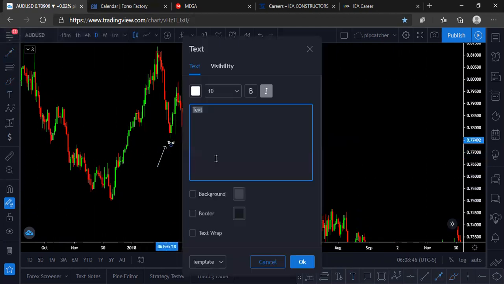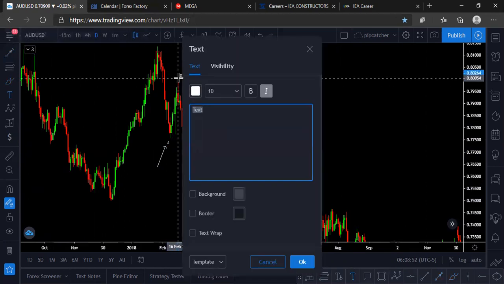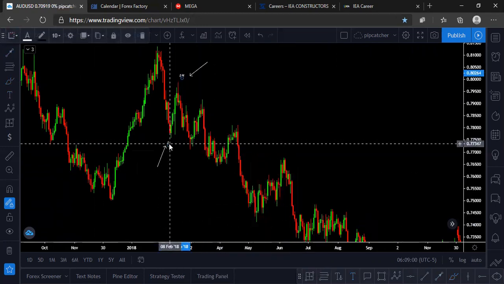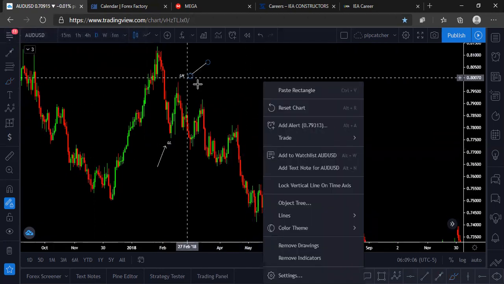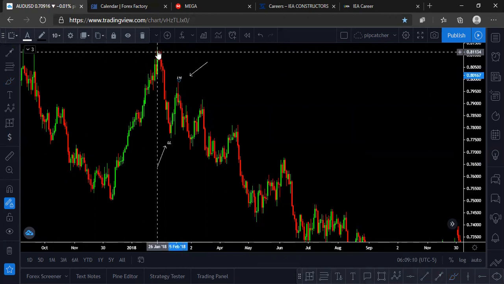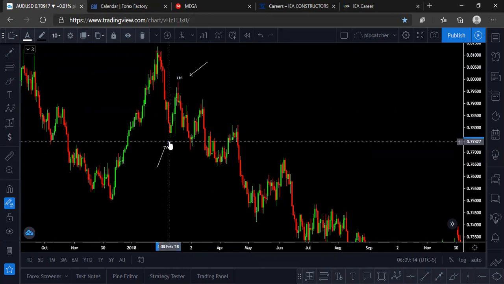So we can make this a low. Excuse me, I meant to put lower low, right? So we have solidified that this area is lower than this high. That is our lower high area.